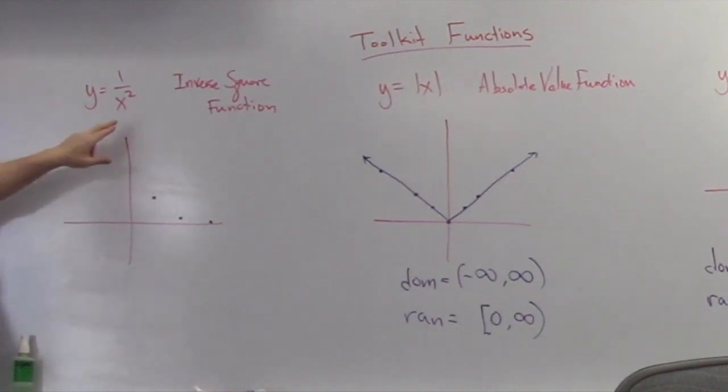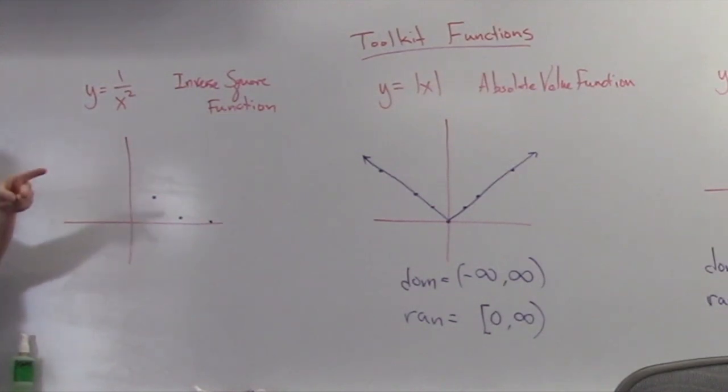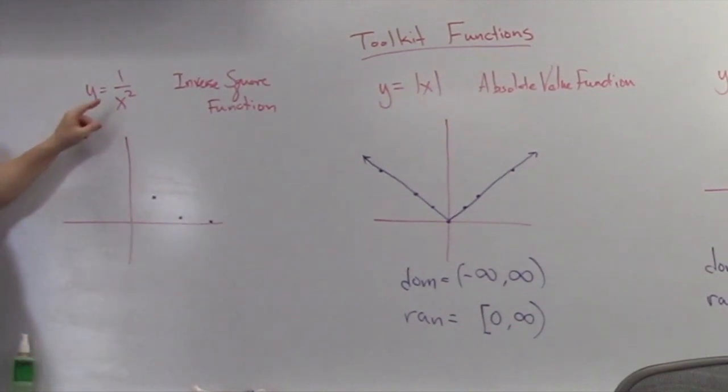I'm doing it one step at a time. But 1 divided by that fraction, 1 divided by 1/4, is the same thing as 1 times 4 over 1. Division by a quarter is like multiplication by 4. So if x equals 1/2, then y equals 4.